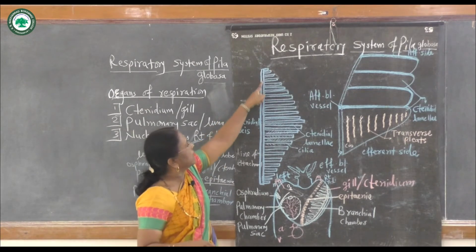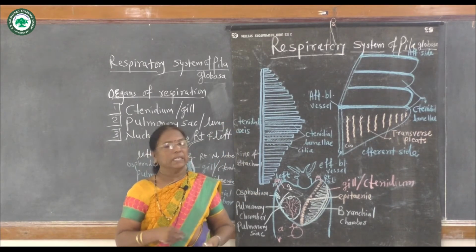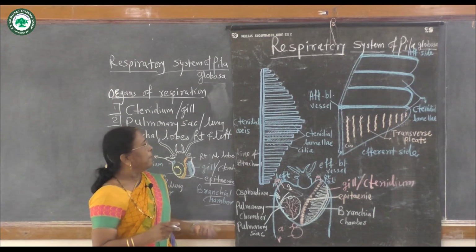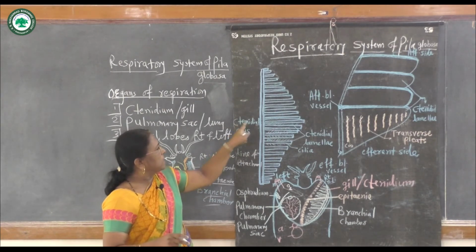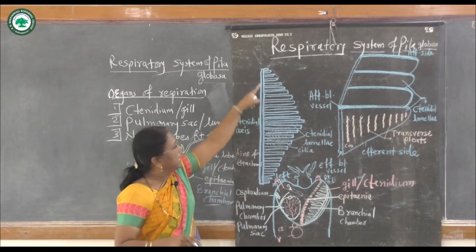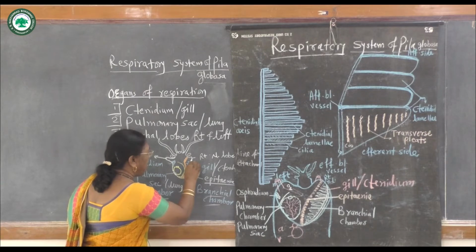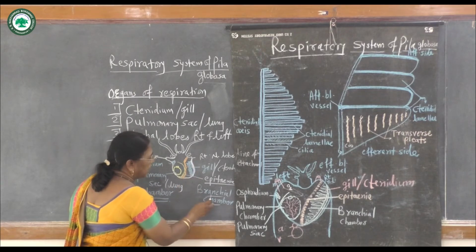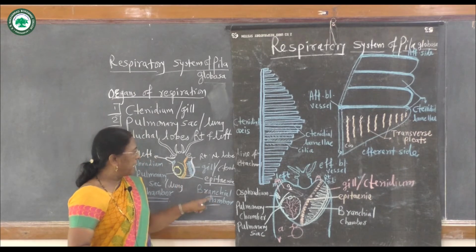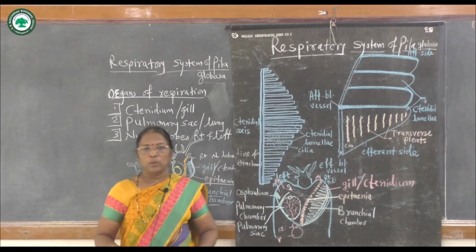That line of attachment is called the ctenidial axis. With the help of this ctenidial axis, or line of attachment, the monopectinate gill attaches to the mantle wall in the branchial chamber or branchial cavity, which is small and present on the right side of the body.